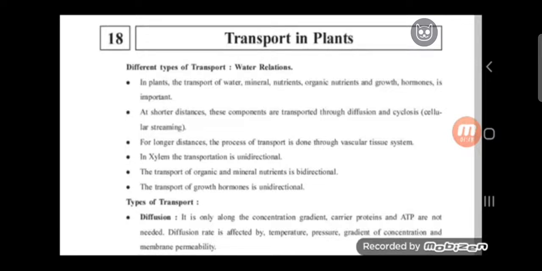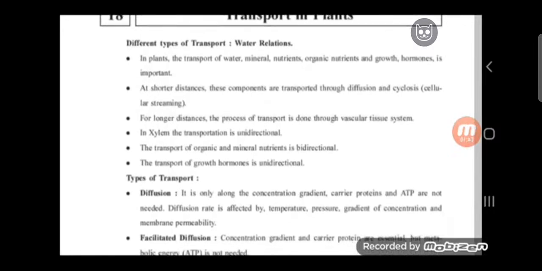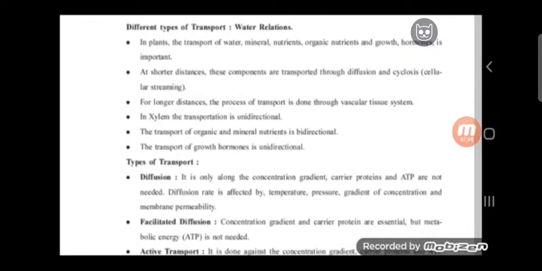Growth hormones are very important. For shorter distances, these components are transported through diffusion and cyclosis. For longer distances, the transport is done through the vascular tissue system, as you learned in this chapter before.